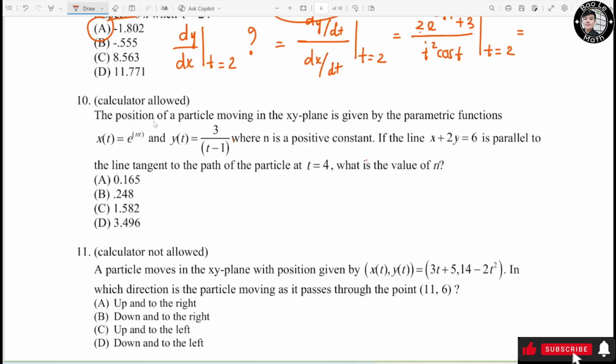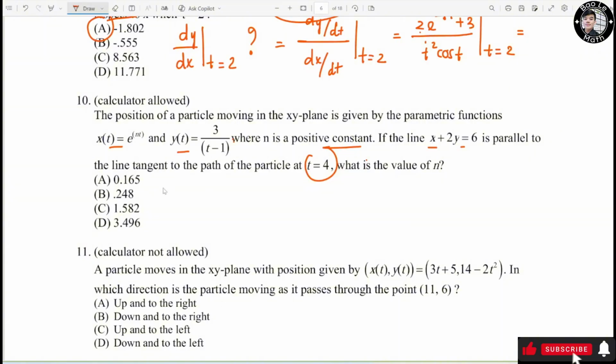Question 10. The position of the particle moving in the xy plane is given by the parametric equations. x of t equals this, y of t equals this, where n is a positive constant. If the line x plus 2y equals 6 is parallel to the line tangent to the path of the particle at t equals 4, what is the value of n? Alright, so you need to find the slope, right?